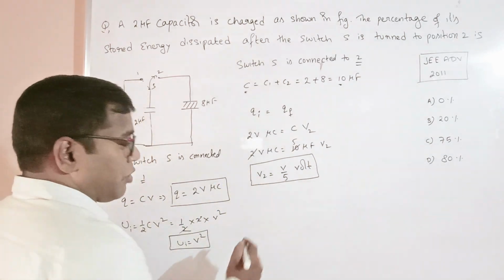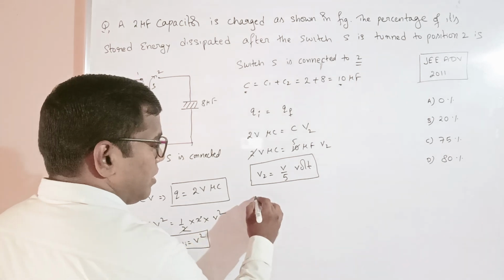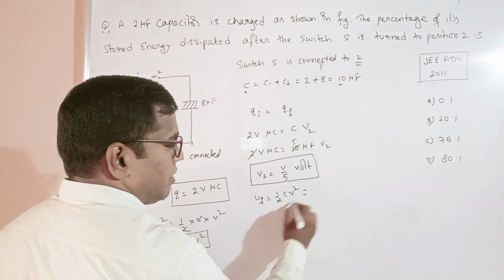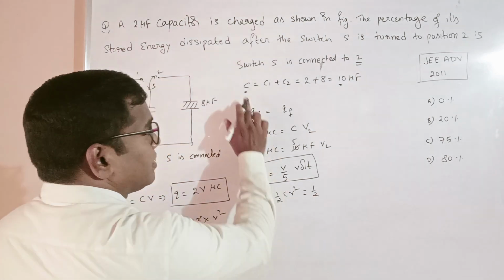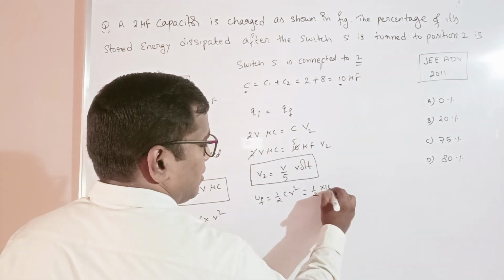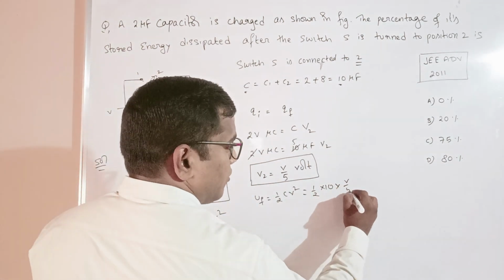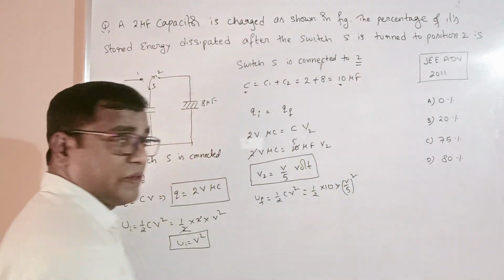Now I am calculating the energy stored. The final energy is half CV square. Half, C is 10, and V is V by 5, whole square.